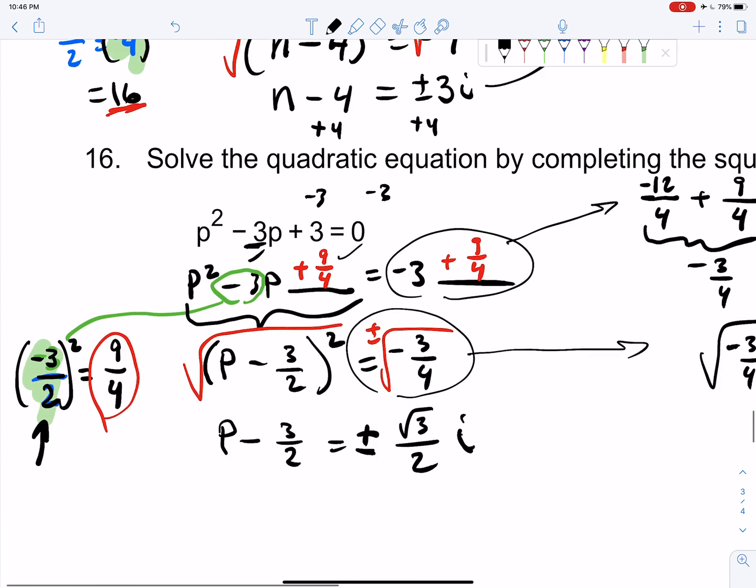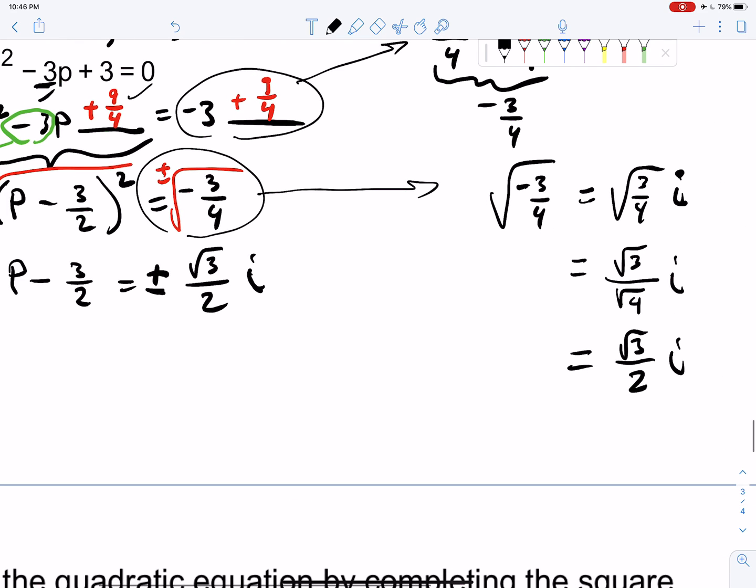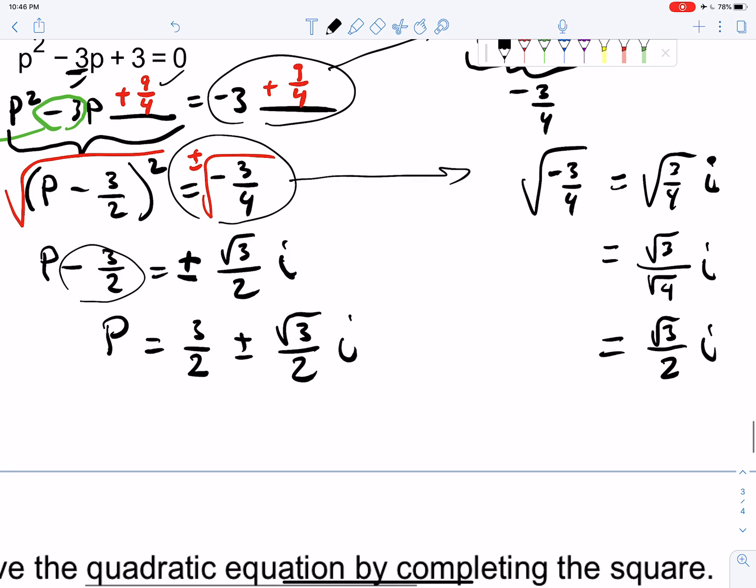Okay, and then where are we at? 16. So then the last thing I want to do is add this to both sides. So if I add that to both sides, I get p equals a positive 3 halves plus or minus the square root of 3 over 2, i. And let's see. And that should do it.